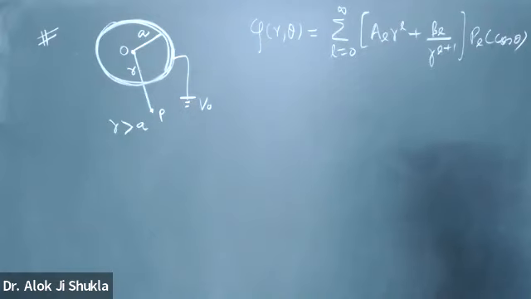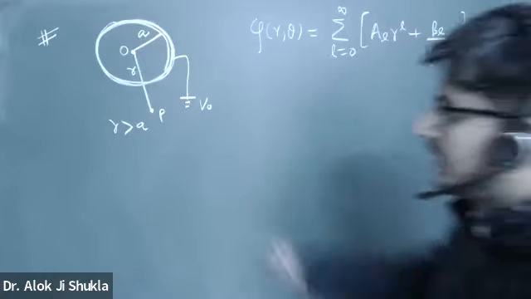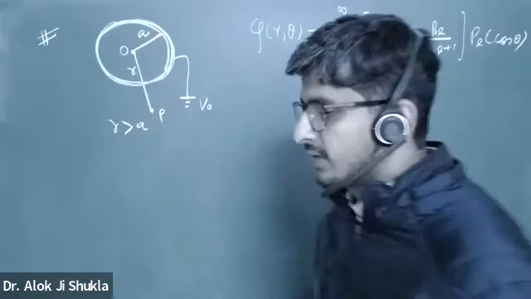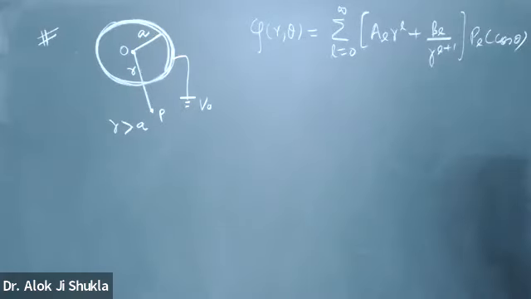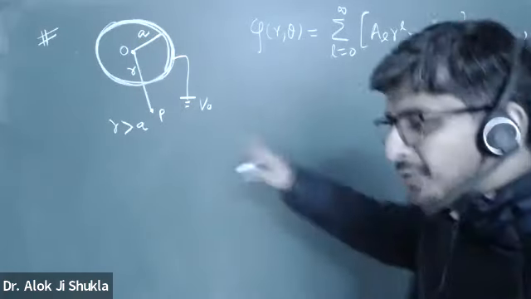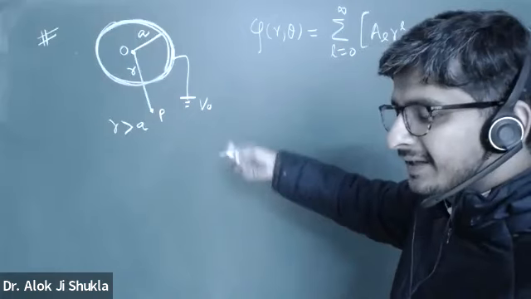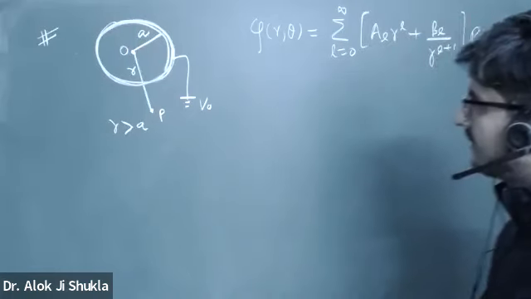Raman, can you tell? Can this point come to center? No. Because this is outside, na? So it can't come to the center, right? So, but it can go to infinity? Yes, sir. It can go in.